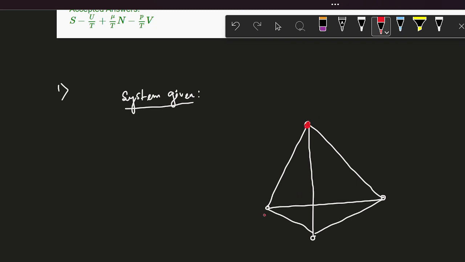So these are the four corners of the tetrahedron that I am marking in red intentionally so that it is distinctively visible. Okay, and each of the corners has identical charge as asked in the question, and we take the charge as E. Okay, so all the corners have an E charge present, right?